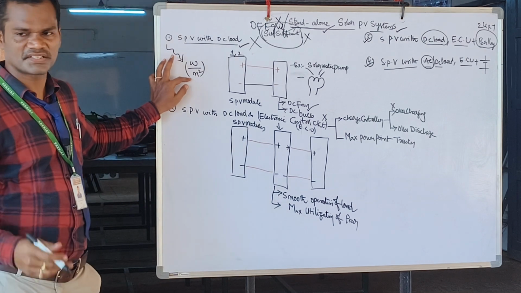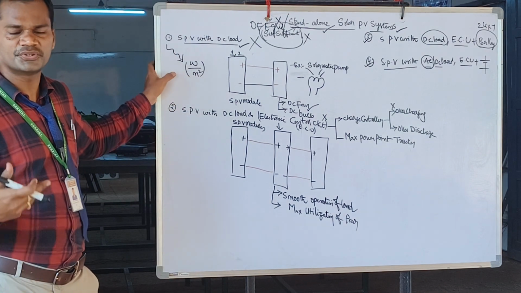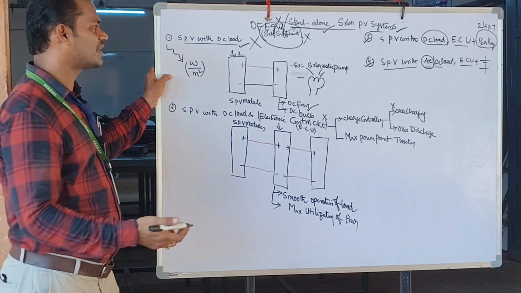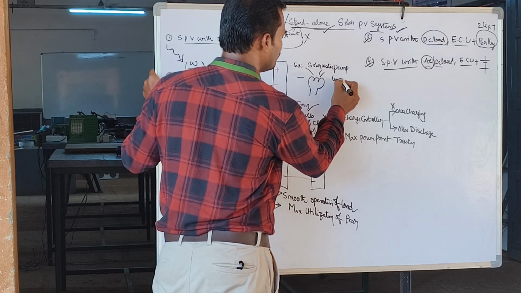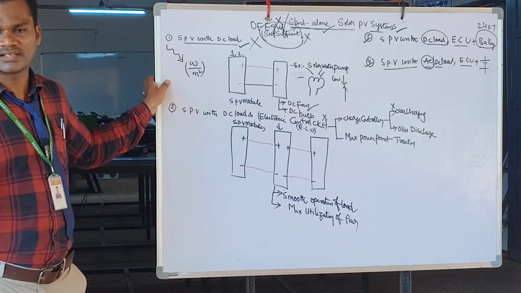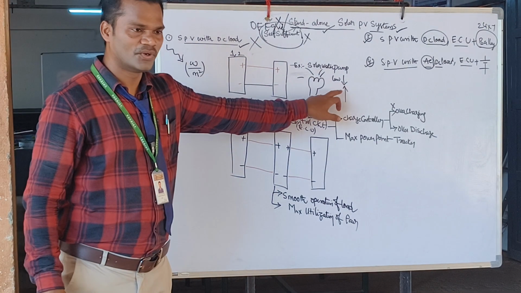The solar radiation will change hour to hour. As it changes hour to hour, as well as due to shadow effects, the bulb will glow with low intensity or sometimes with high intensity. For example, at 1 o'clock, the bulb will glow with high intensity. In the morning, it will glow with low intensity.